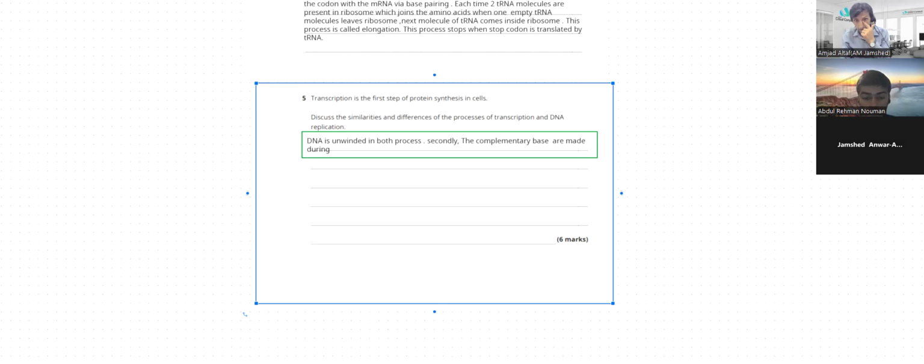And what do you think about enzymes? There's some ambiguity here, but one thing is not ambiguous: both processes are catalyzed by enzymes, RNA polymerase in transcription and DNA polymerase in replication.